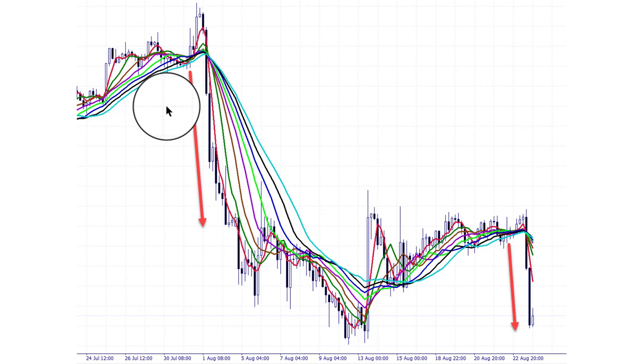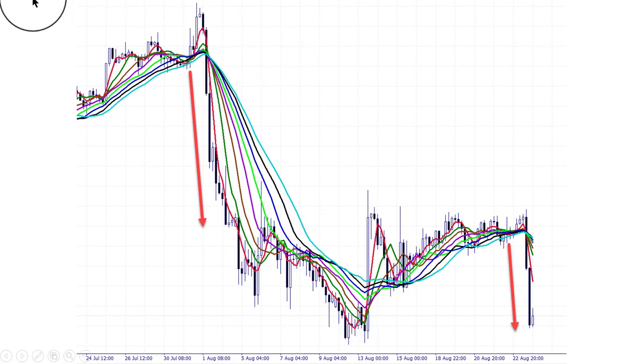So that's the psychology behind these moving averages. If you've never looked at moving averages that way, that's exactly what they show: the short-term and long-term psychologies of the market. So when you have them all on one chart, it shows you the mass psychology of the market.